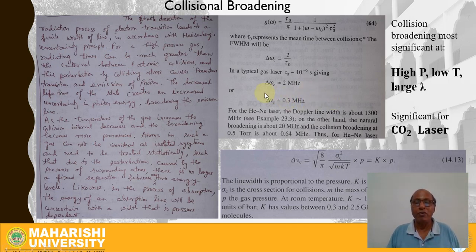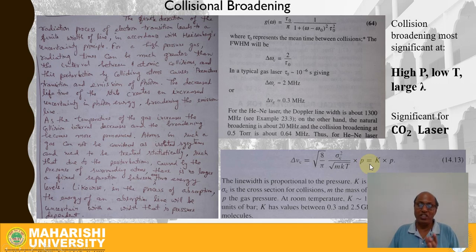Now if we further develop an empirical relationship for this delta omega c or delta nu c, because delta omega c will be 2 pi delta nu c, then delta nu c will be dependent upon the emission cross sections, collision cross sections for the gas atoms which are participating, and is inversely proportional to the atomic mass of the gas or molecules, Boltzmann constant, and temperature, and is directly proportional to the pressure.